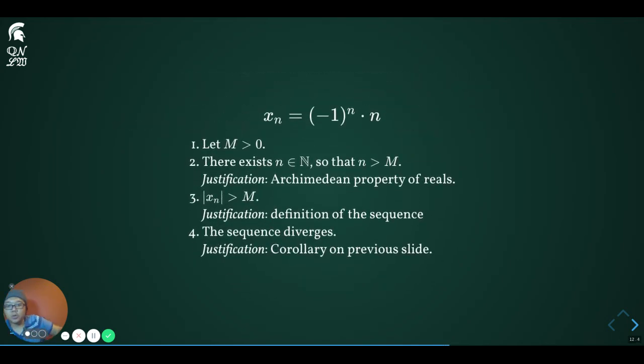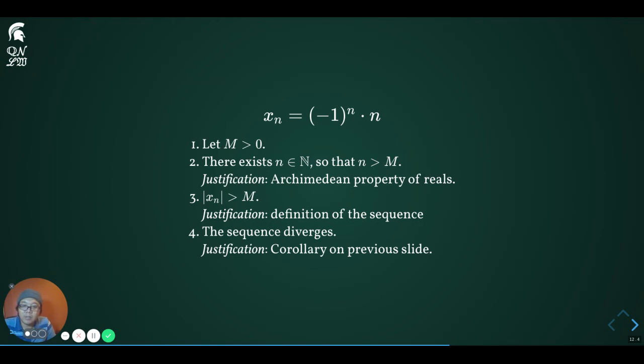To illustrate the use of this theorem, let's look at the sequence where the nth term x sub n is given by minus 1 raised to the power n multiplied by n. To prove that this sequence diverges, we start by setting m to be an arbitrary positive number. Using the Archimedean property of the real numbers, we know that there must be some natural number n that is greater than m.